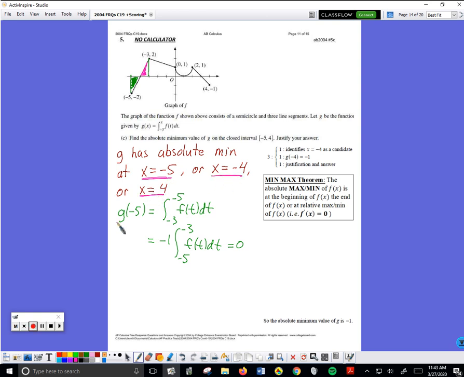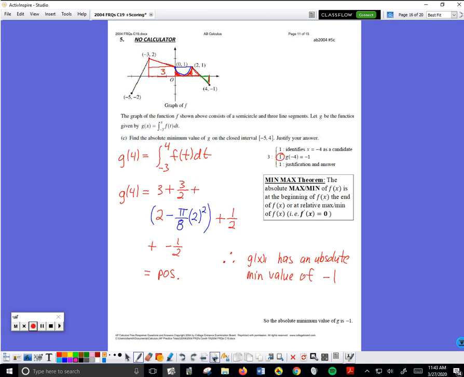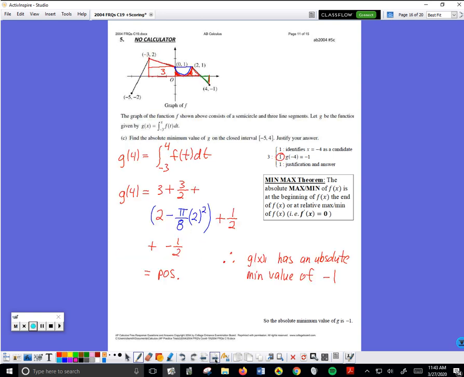So I did 3 integrals: 1, 2, 3. By doing that, I figured out that G of negative 4 is equal to negative 1. That gave me this point. And that allowed me with the other integrals to have the proper justification for the final third point. The 3 integrals are the justification.